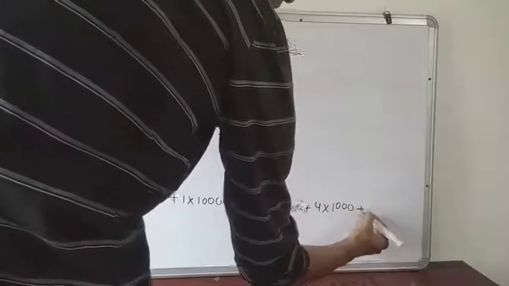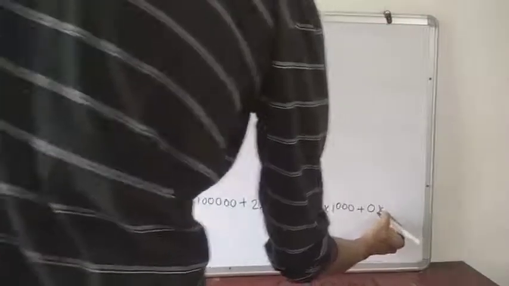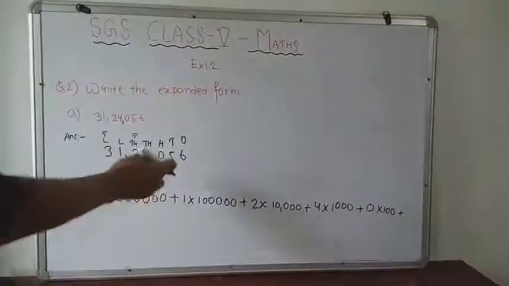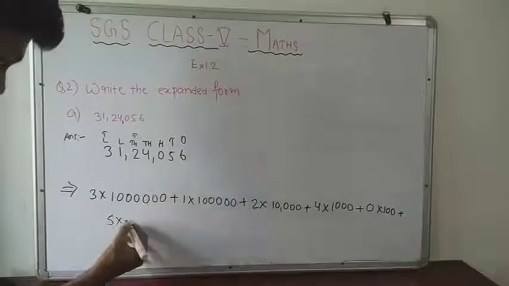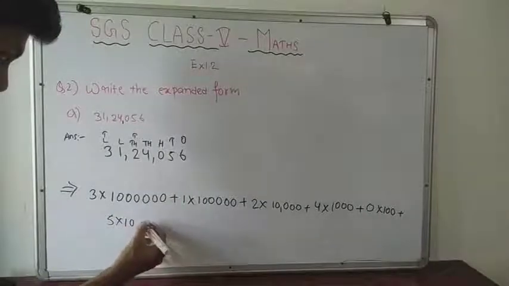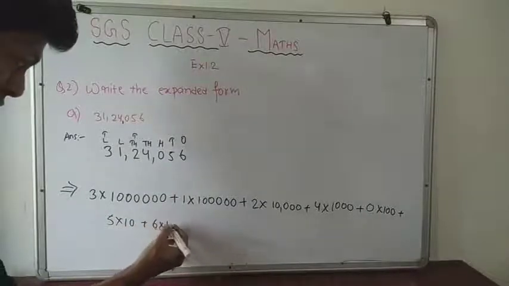Then the next digit is 0. So we write down 0 and multiply it with its place value, that is 100. Plus the next digit is 5, so we multiply it with its place value, that is tens. And the last digit is 6, multiplied with 1.